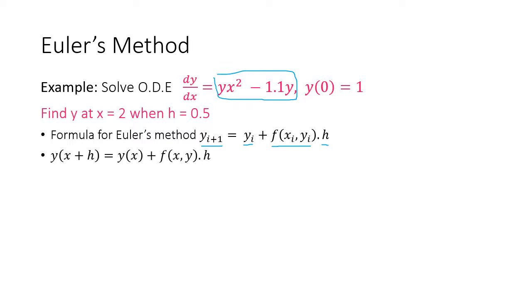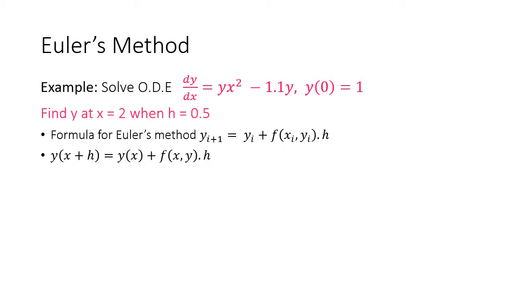So this is how I'm going to write this formula: y of x plus h. This new value of y, by incrementing the value of x by step size h, is equal to the old value of y plus the function which is on the right hand side here in the differential equation times the step size. So basically it is the same formula.